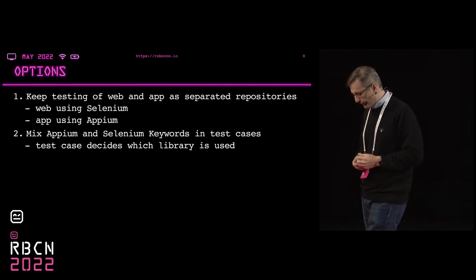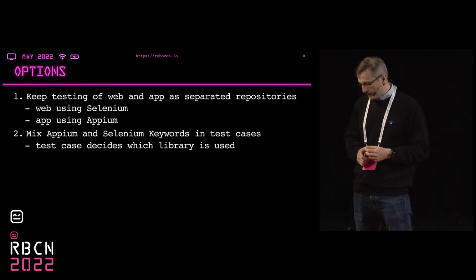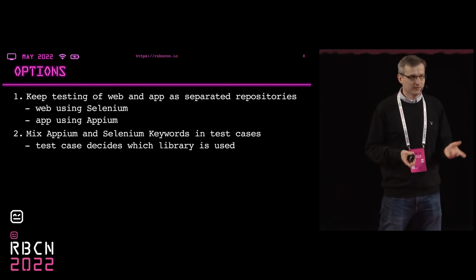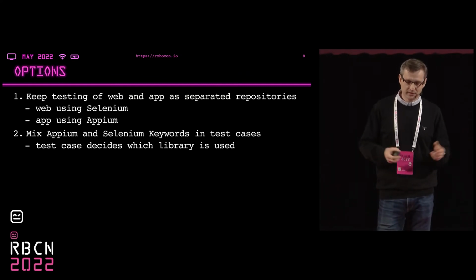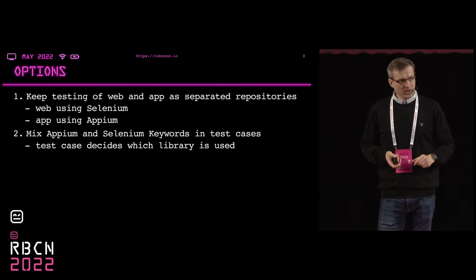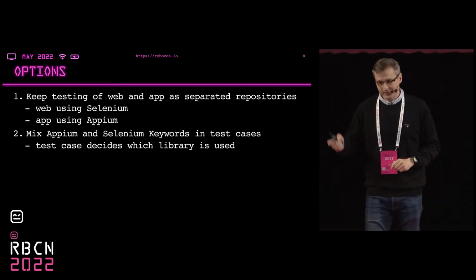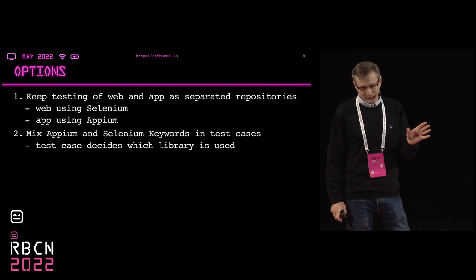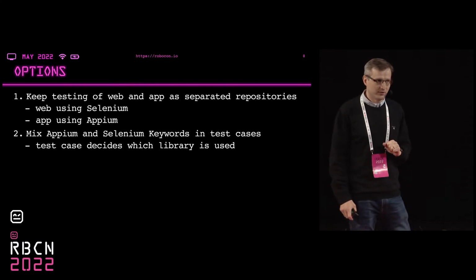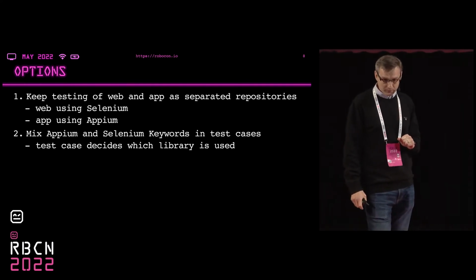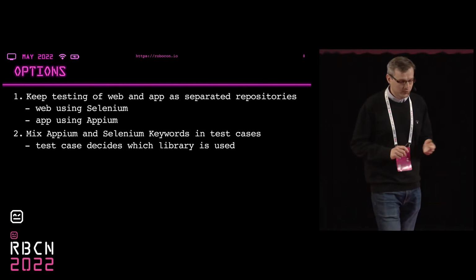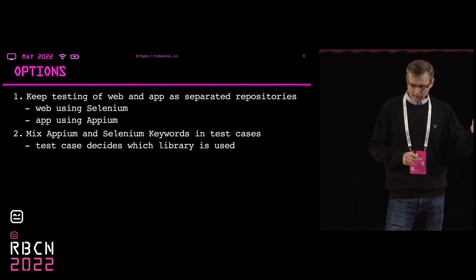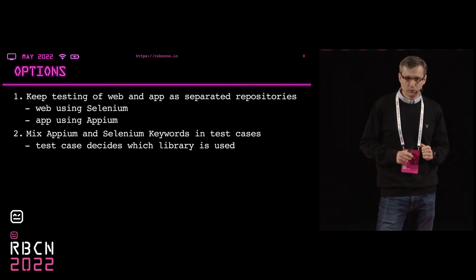Keep in mind that Selenium and Appium are pretty much the same. If you do some testing for the native app, you will realize that they are the same keywords, like click element or click button. The names are even the same, and they pretty much do the same thing, but they are located in different libraries. So the idea here was that the test case would decide from which library the keyword would be executed.